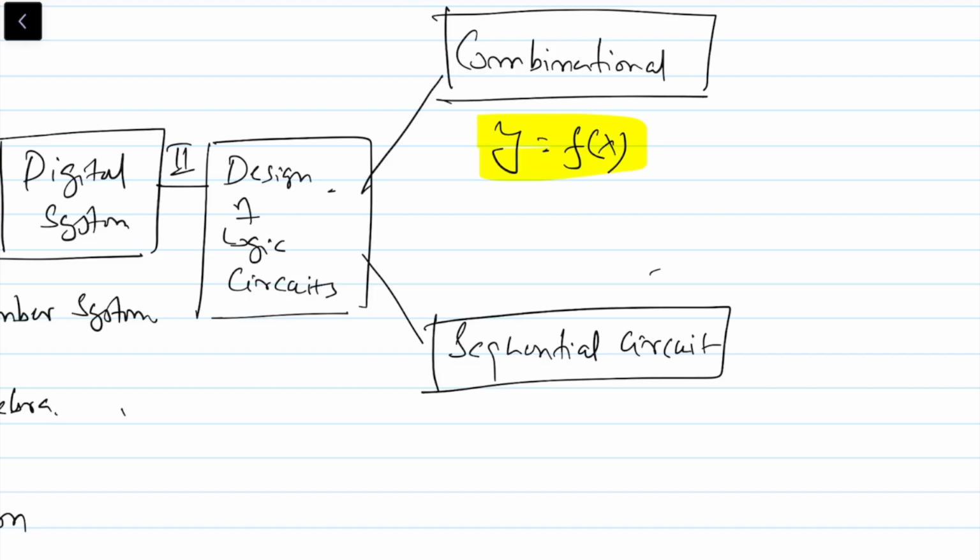Sequential logic circuits can be expressed mathematically as the output at present being a function of the input at present and the output from the past. Again, this is just for reference. If you are not familiar with this symbolism, we will cover it when we get to the respective chapters.